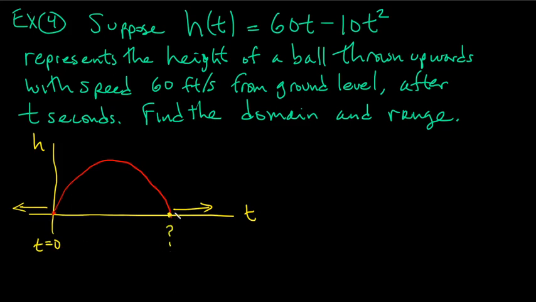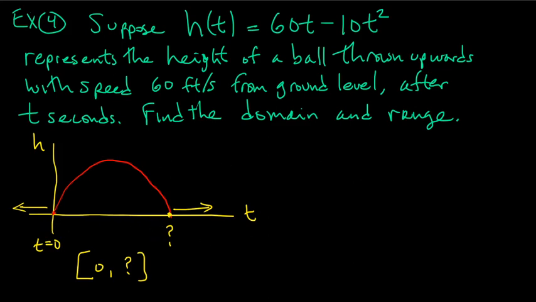Obviously, that's part of the problem. We have to figure out what time it lands. But those are going to be our endpoints. t is going to be between 0 and then some other number, however many seconds it'll take for the ball to land.